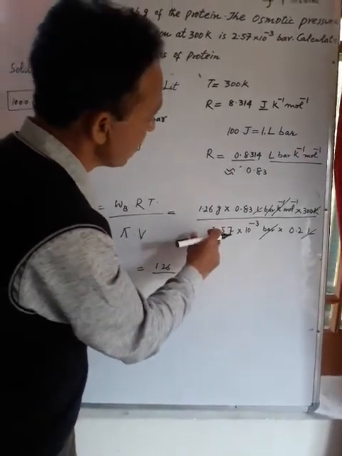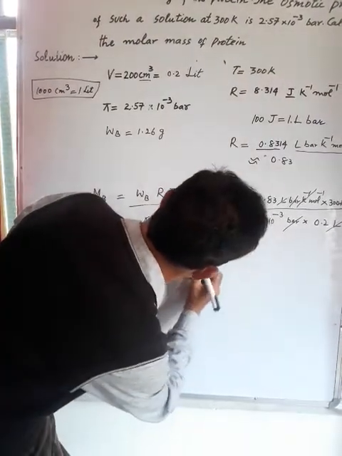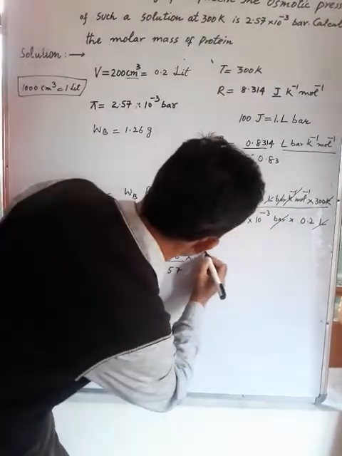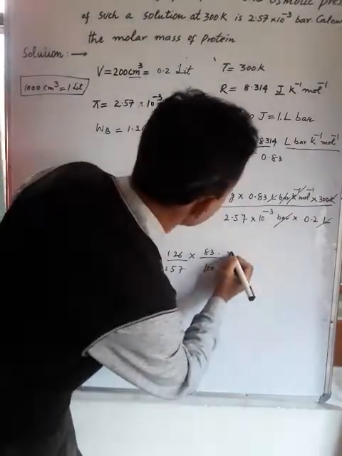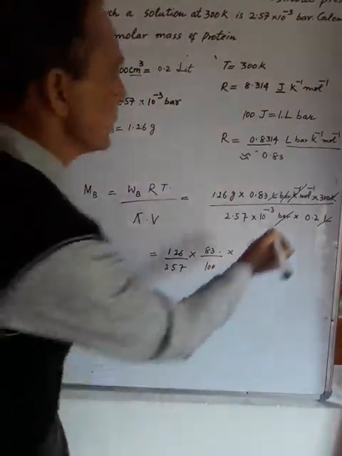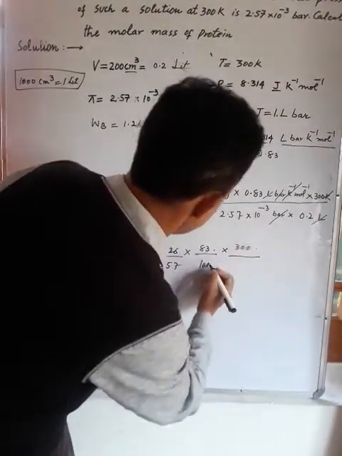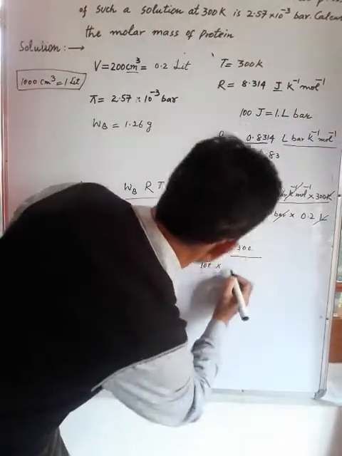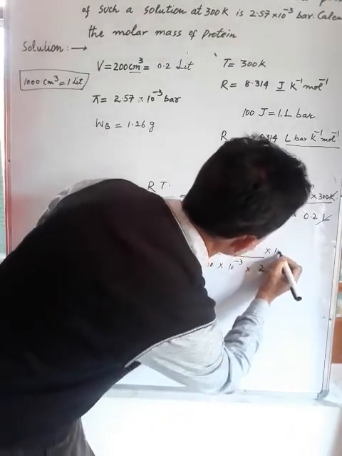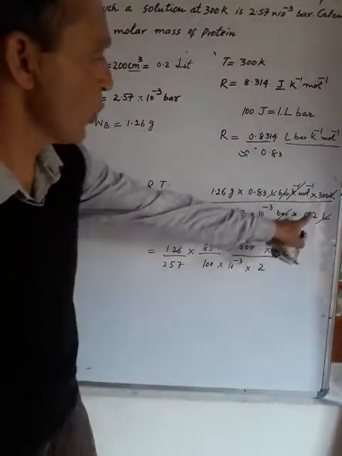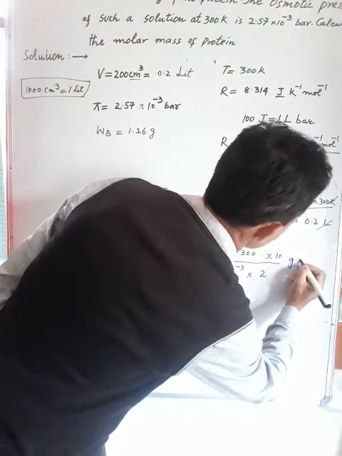So we will write 126 divided by 257, and it is 83 divided by 100, into 300, divided by, यहाँ रह गया 10 raised to power minus 3 into 0.2 को हम 2 into 10 यहाँ पर ले लेंगे, 0.2 के बदले 2 by 10, 10 ऊपर ले लेंगे, यहाँ पर आएगा grams per mole.